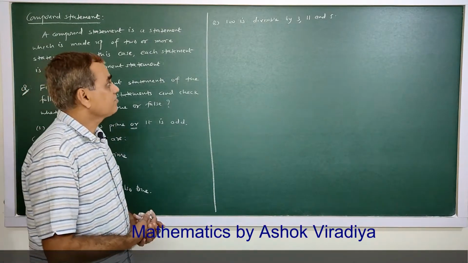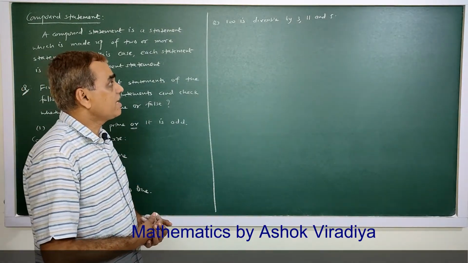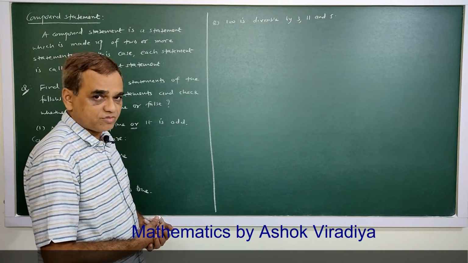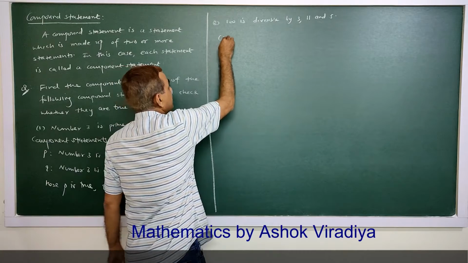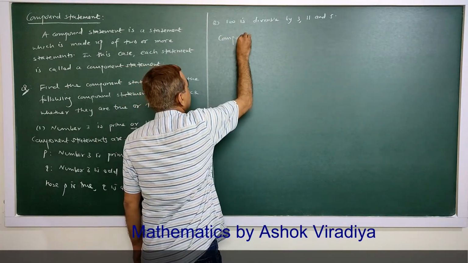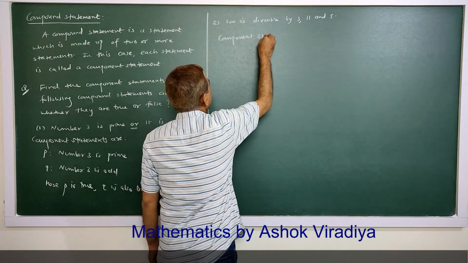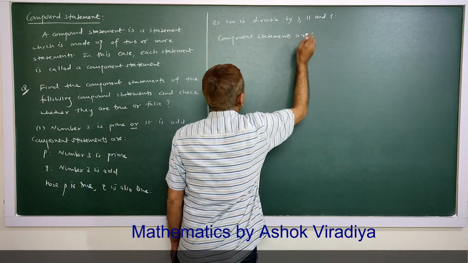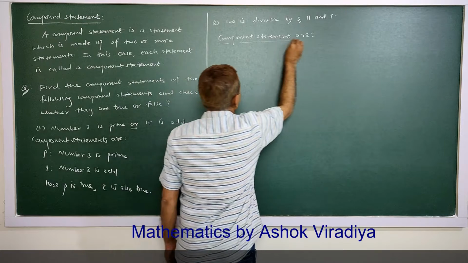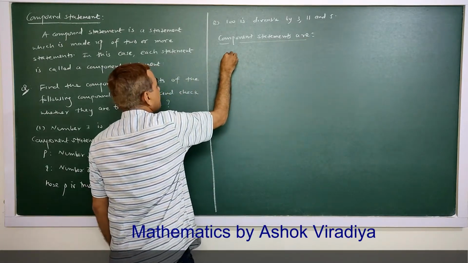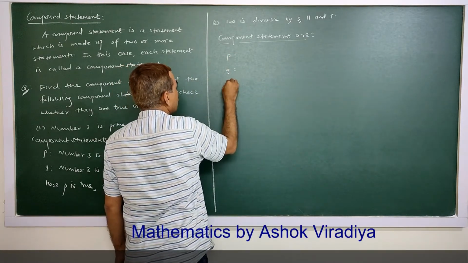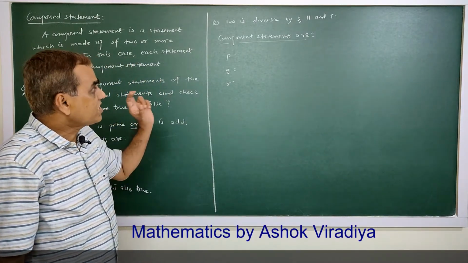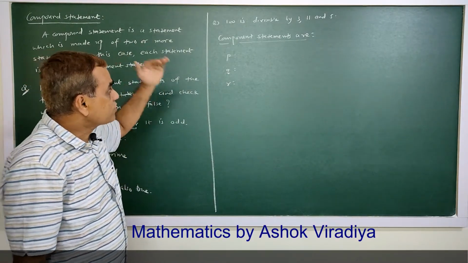See here, 100 is divisible by 3, 11 and 5. So the component statements, let me denote them by P, Q and R, are included in this compound statement.